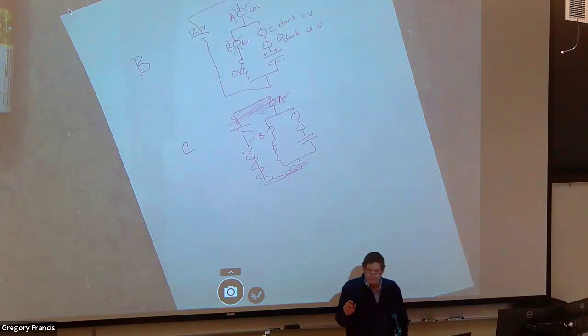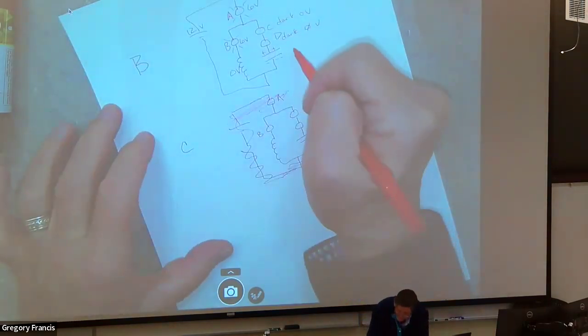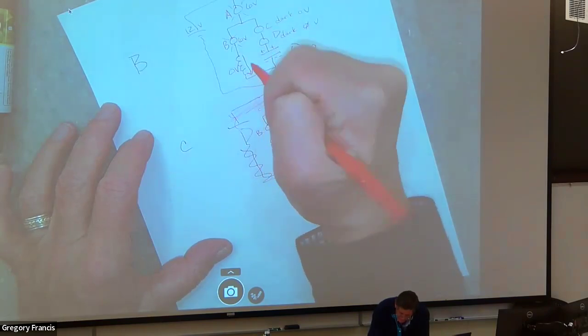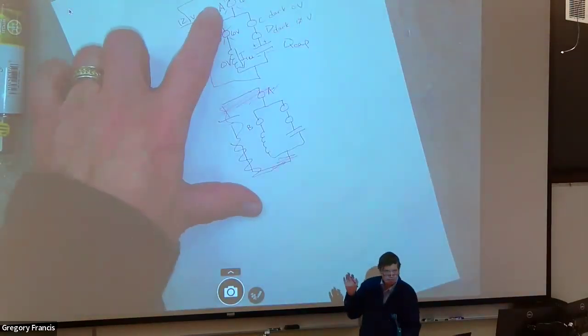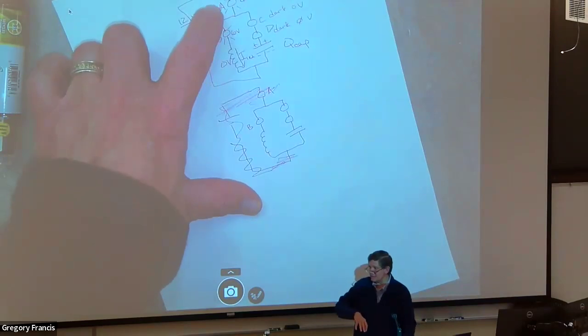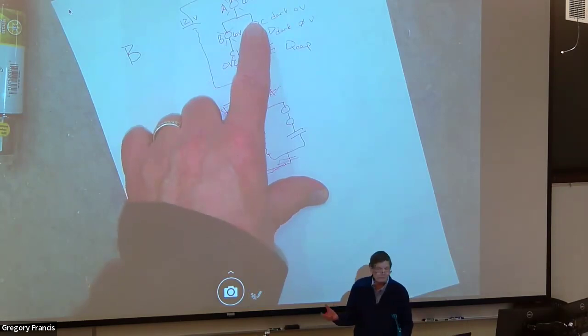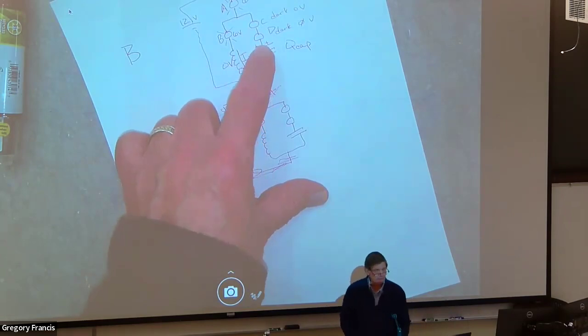Now, the only thing that can't change is the charge on the capacitor and the current through the inductor. Those have to stay the same. A can change. It had 6 volts and then suddenly it had nothing. C can change. It had 0 volts and suddenly it has 6 volts. D can change. It had 0 volts and suddenly it had 6 volts.